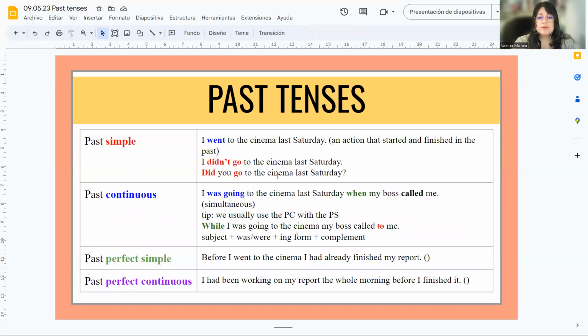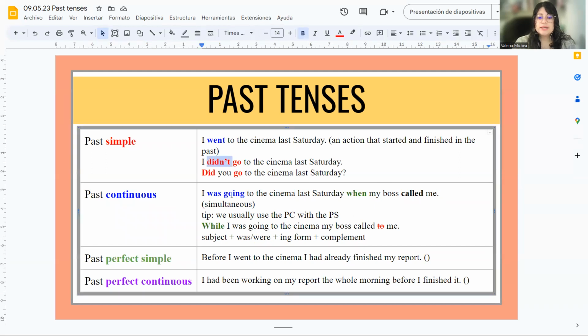Then we had a look at some examples. I told you that you need to use the auxiliary verb didn't for the negative sentences in the past simple, and the auxiliary verb did to ask questions in the past. Then when you are talking about affirmative sentences, you need to use the verb in the past form.